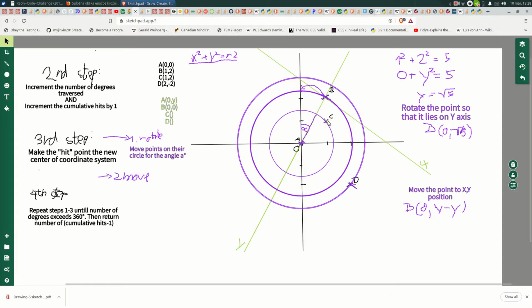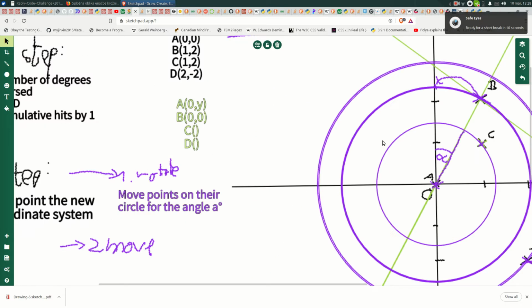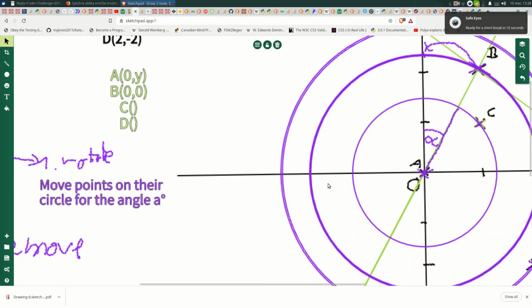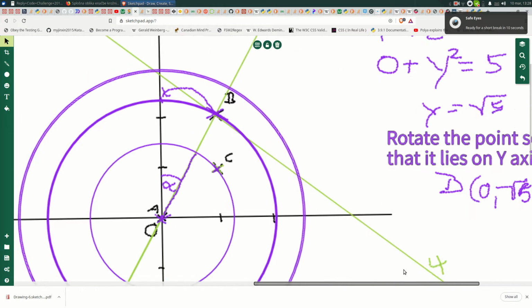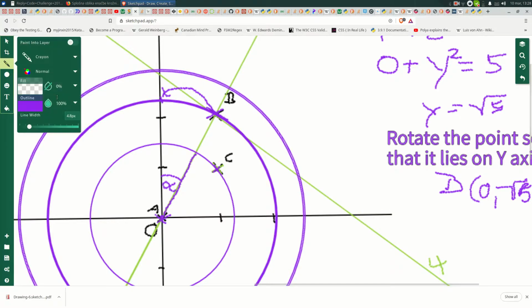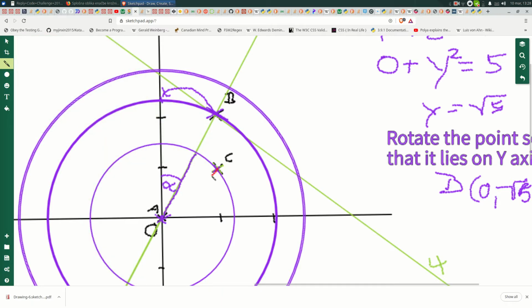So over here this is one. All right, so here we've got A. Let's take the red crayon. Let's make it a bit more straight. So we take that.